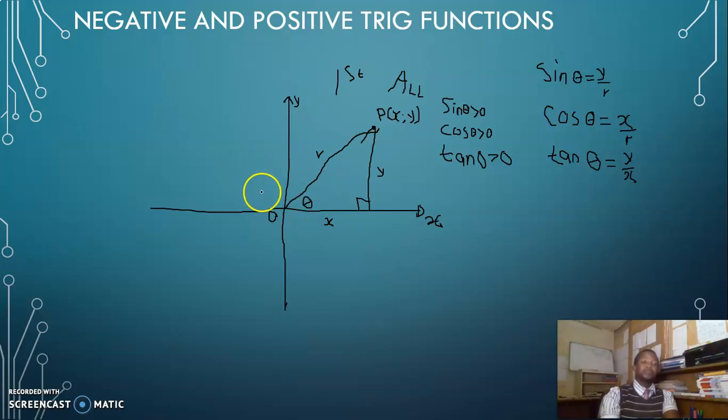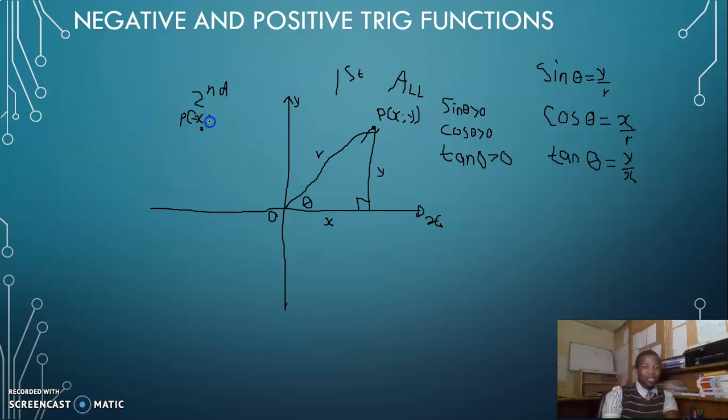Now, let's go to the second quadrant. Now, what is happening here? You just take this point again, you take it to this side now. So when you take this point to the side, you've got P, which is x, but now our x is what? Is it negative or positive? It is negative because x is here.